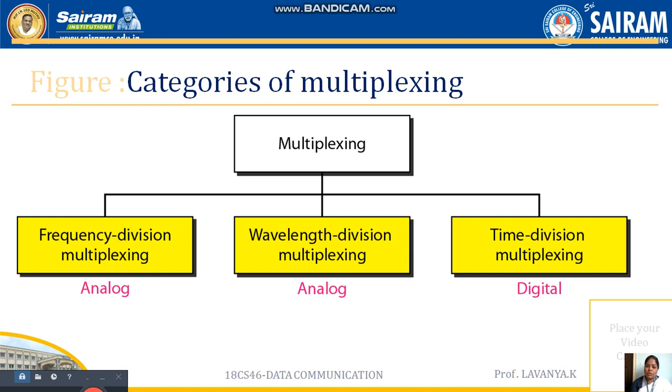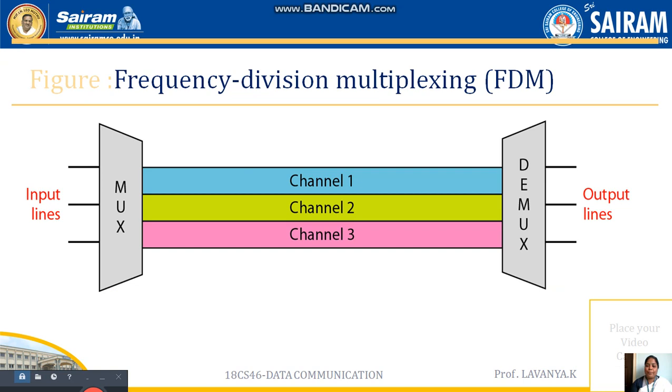In frequency division multiplexing the input is an analog signal, and wavelength division multiplexing also takes analog signals as input. In time division multiplexing the input is a digital signal. In the next slide we will discuss each category: what FDM, WDM and TDM are.